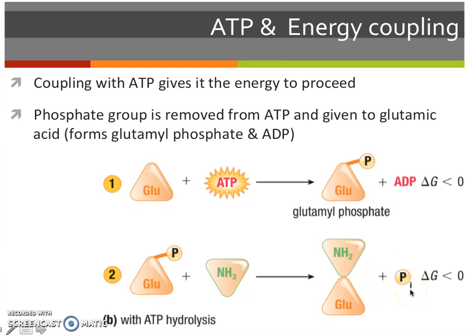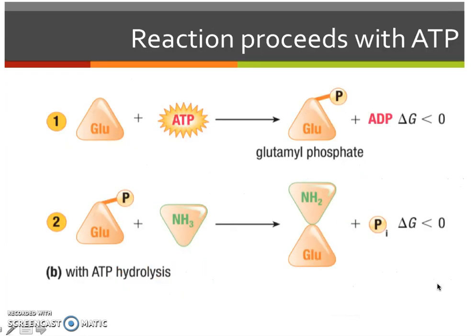You can see in the second part of the reaction that this phosphorylation is reversed. It's taken off. This is also a negative Gibbs energy, meaning that it will release energy. Okay, so this is it again, just bigger.